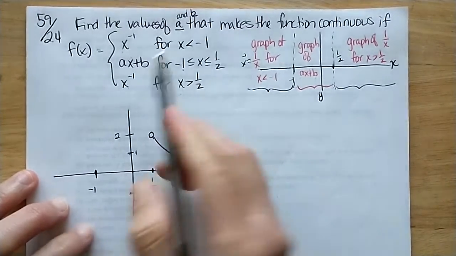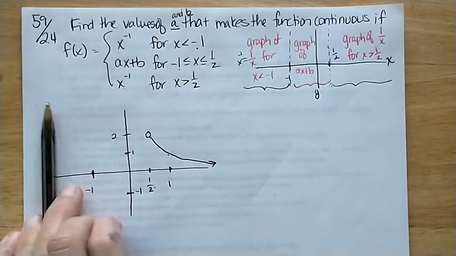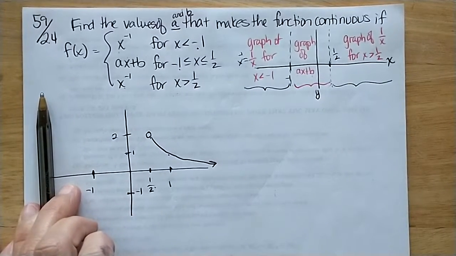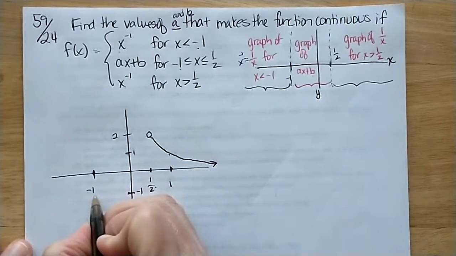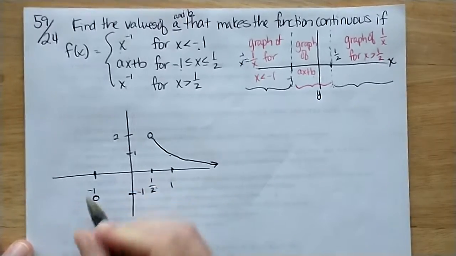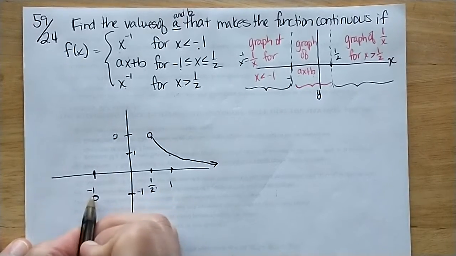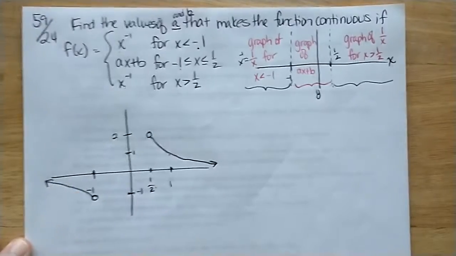Then for x less than -1, this whole portion of the graph is going to look like the graph of the inverse function 1 over x. So I'm not going up to x equals -1, but for everything below that, my graph looks like the graph of 1 over x.